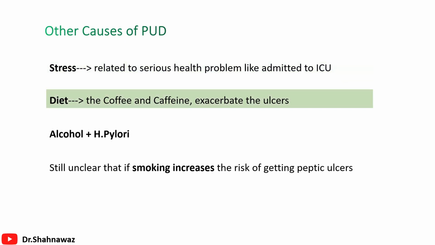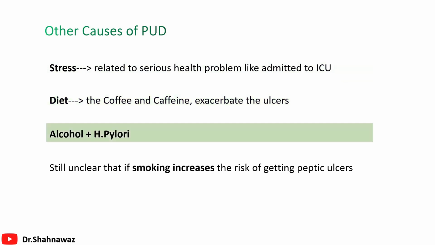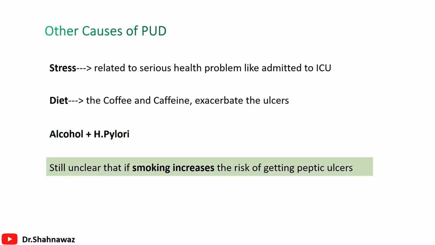Diet, like caffeine and coffee, may exacerbate the ulcers. If the patient is drinking alcohol and there is an H. pylori problem, the patient could develop PUD. It is not confirmed whether smoking increases the risk of getting PUD; its correlation with PUD is not confirmed yet.